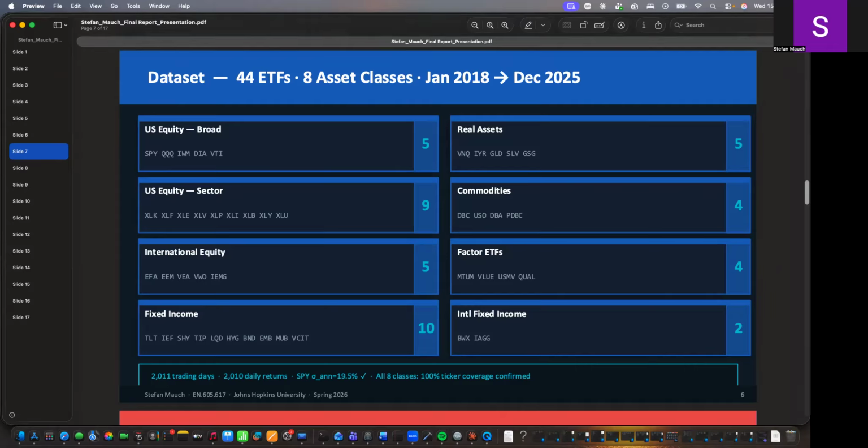In fixed income, we have a good balance between long duration, mid duration, short duration, between treasuries and other fixed income bonds in the investment grade and high yield category. So we're separating by issuer quality, by rating as well. So we have a very diversified asset base here.